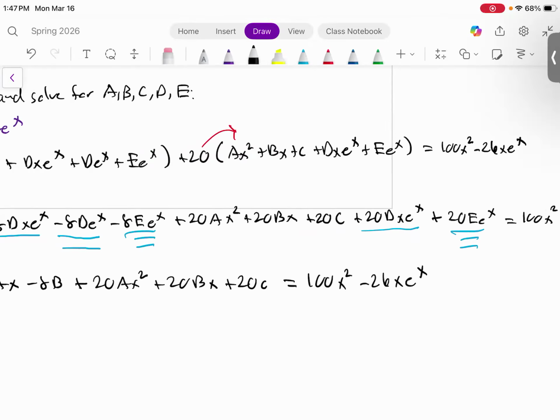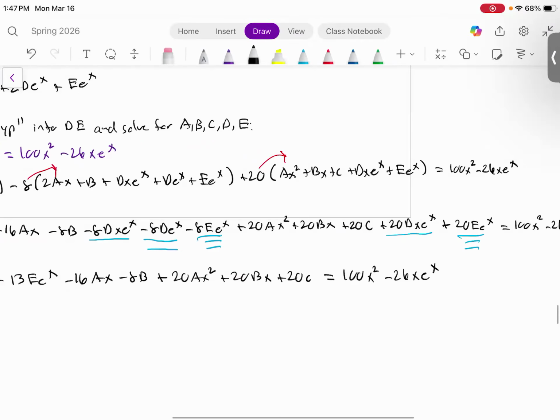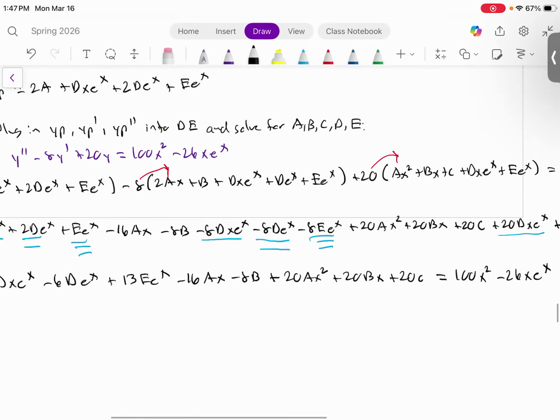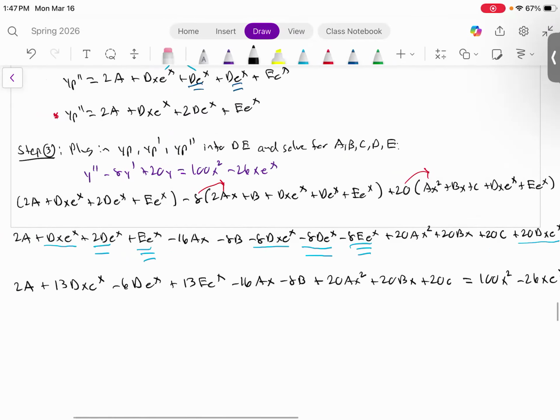Okay, so what we typically do now is we want to equate coefficients. So what we want to do is rearrange these terms to look like our right-hand side so that we can equate coefficients cleanly. So I'm going to reorder a couple terms and shift some of these terms around. Rearrange terms.